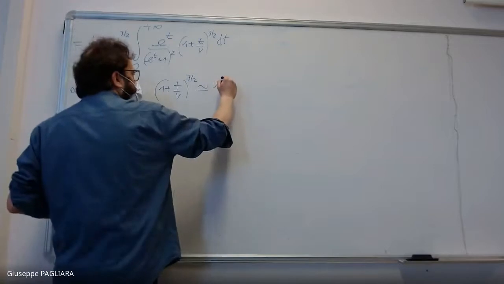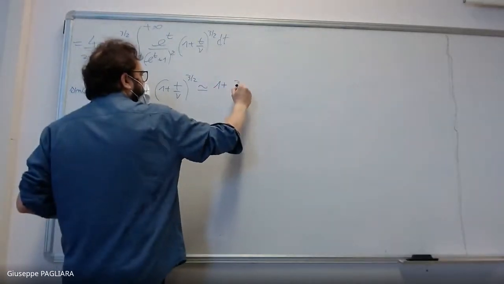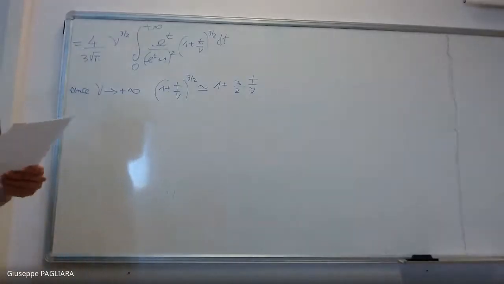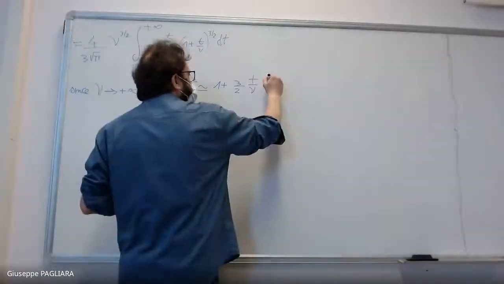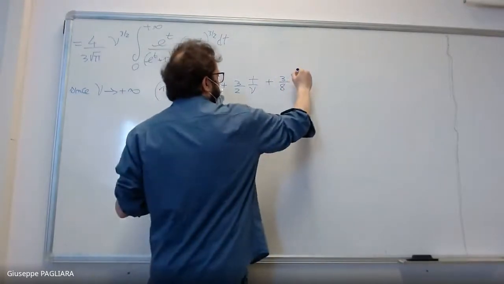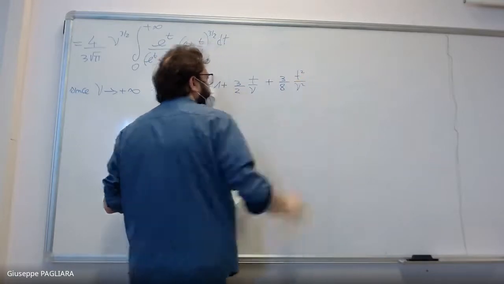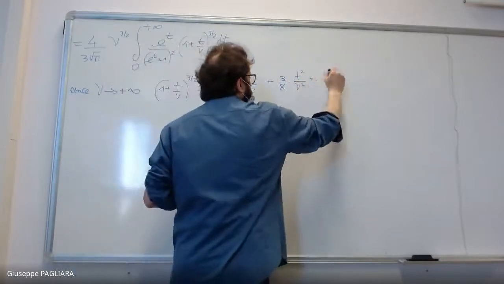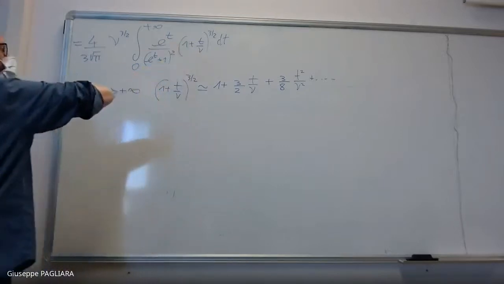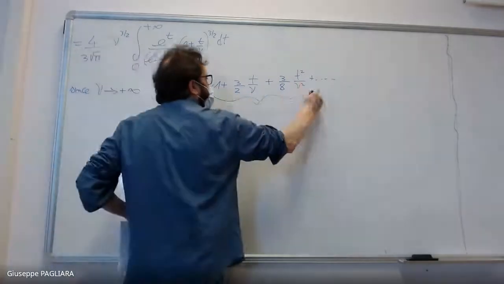I do a Taylor expansion. Then I have 3/2 t divided by mu, and the second term, which I'm not going to compute but I'll tell you the result, is 3 divided by 8 t squared divided by mu squared. I Taylor expand because mu is going to infinity. So in this expression, I can now use this expansion.